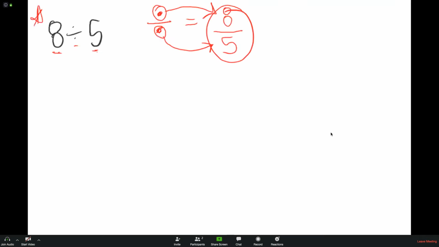So because this particular problem is an improper fraction, we can also represent it as a mixed number. So the second one, 8 over 5, can change to a mixed number. And remember, we do that by doing long division.